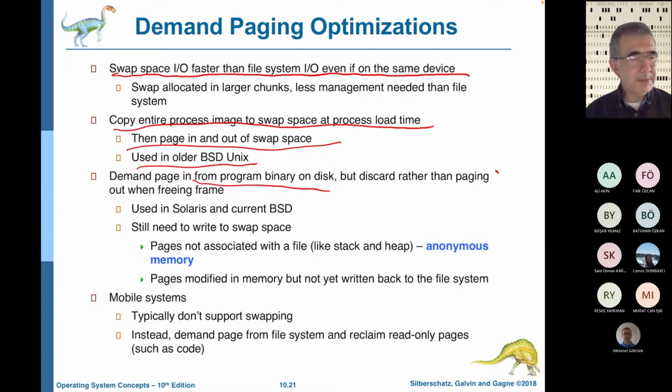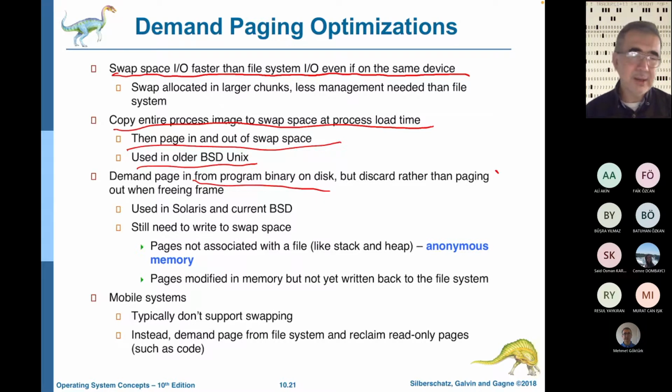So mobile devices believe that you may need your application again, you may switch back to your application, so they keep it in the memory because the device is always open. But if another application requires more memory, then they will discard it.